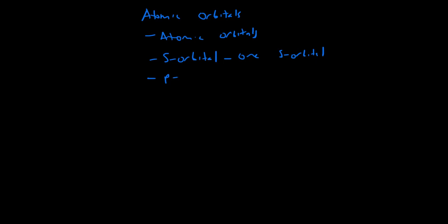There's the p orbital, which has a dumbbell shape, and starting from the second energy level, each level has 3 p orbitals.